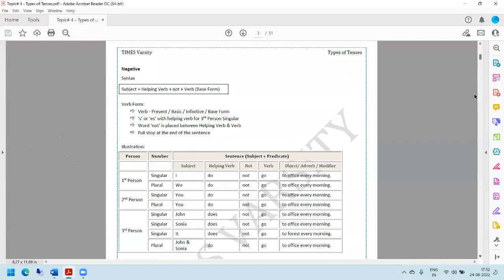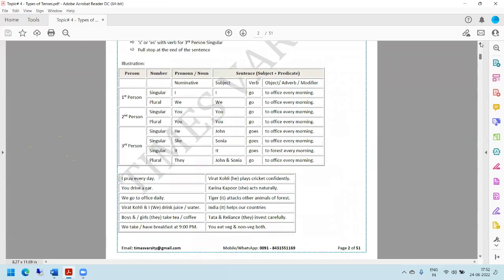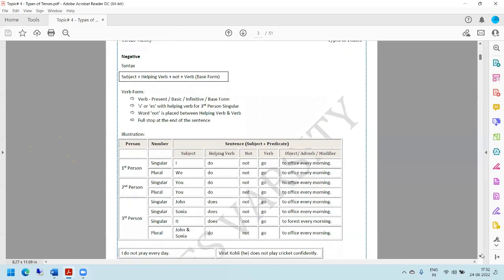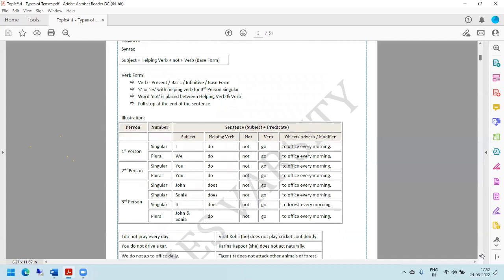Now look at the affirmative sentences like: I go to office every morning. Similarly, we go to office every morning. And for third person singular: John goes to office every morning, or she goes to office every morning. So how do we make this into a negative sentence? Now look at it with these rules and syntax.